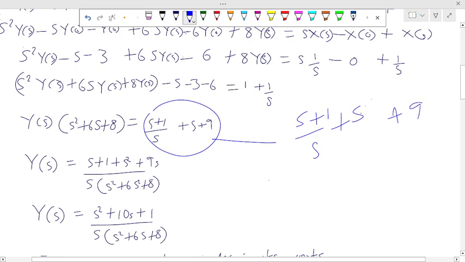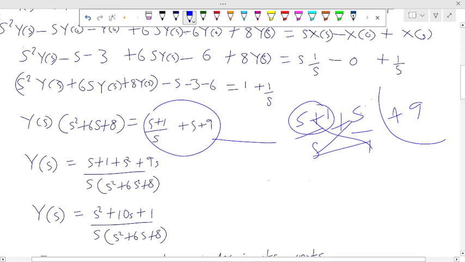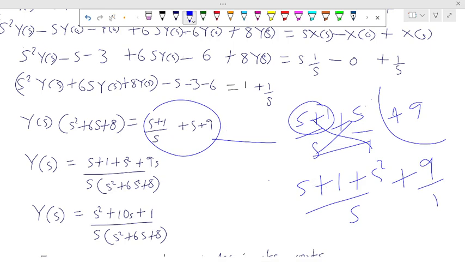So this times, forget about this guy first. This times this will give you s squared. Then this times this, everything here will remain the same. This times this will give you s. So that will be s plus 1 plus s squared all over s. Then do that with 9. That will be what? All over 1.